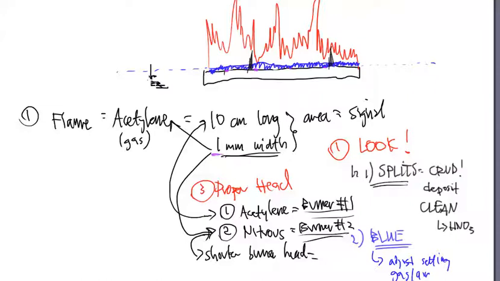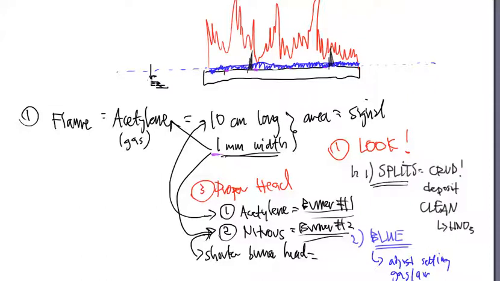Number 2, you want to take a look at the blue color. Is that blue color looking universal all the way throughout the bottom of the burner head? And number 3, did you actually choose the proper burner head? You don't know how many times people have run samples and standards on the wrong burner head because they just left what was in the machine instead of changing it over to what they needed to run samples with.